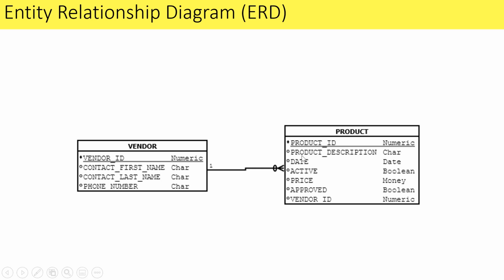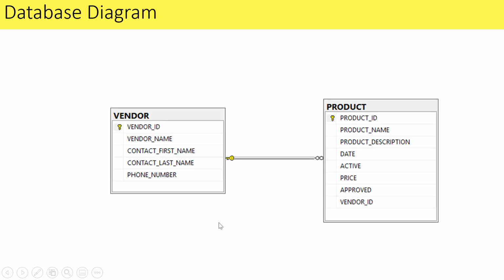The columns are product ID, product description, date, active, price, approved, and vendor ID. So as you can see, I have mapped attributes of concrete classes into a table in a relational database management system. Of course, this is a representation of the tables when they are built. So I need to build this in my database. So I created the vendor table and the product table, and I created the relationship between them.